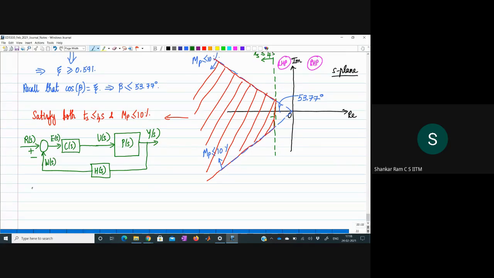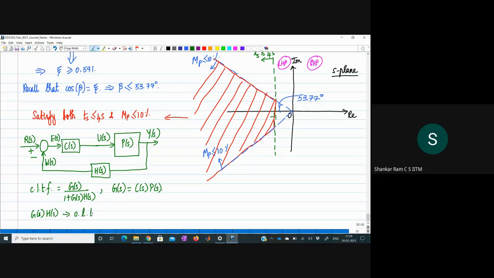So please recall that the closed loop transfer function was G of S divided by 1 plus G of S H of S. Of course, where the function G of S is going to be the product of C of S and P of S. Okay, so this is something which we already are aware of, and G of S H of S is what is called the open loop transfer function.